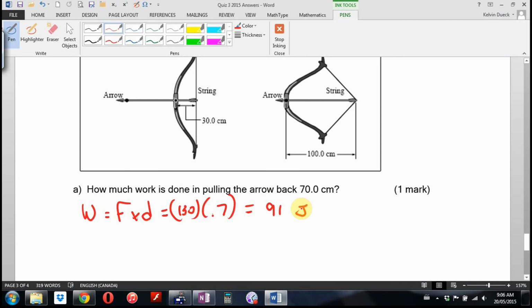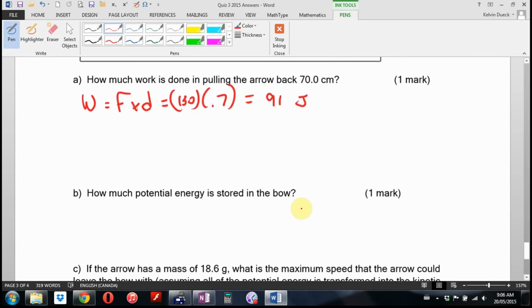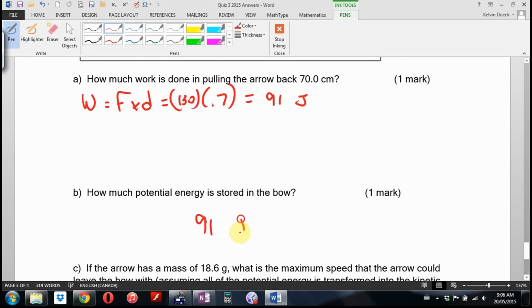What kind of energy? Potential. Not gravitational potential, just potential, stored energy. How much potential energy is stored in the bow? 91 joules. Not mg. No. We've just done work. We stored energy in the bow. Same answer.